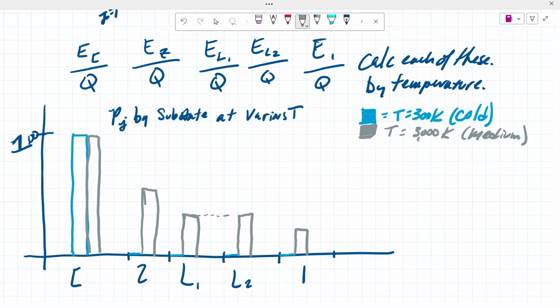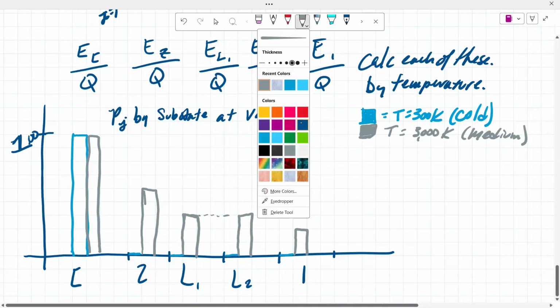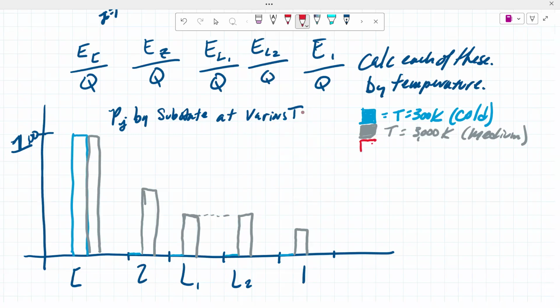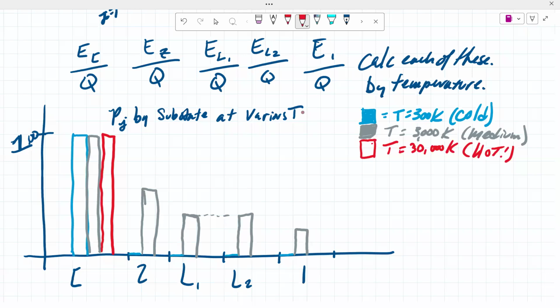Then in the hot temperature, I'm gonna do in red, which is really a pink here. T equals high temperature. Something very interesting happens. This still has the same number. So this says the probability to be in this one is still the same.